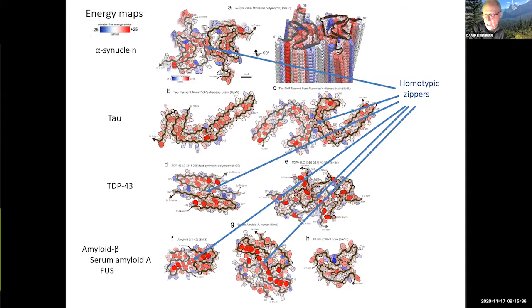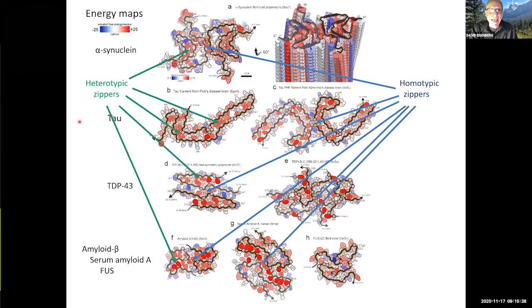But we also see in these structures what we could call heterotypic zippers. And in these heterotypic zippers, again, the side chains are zipped up, but the 2 sequences are different. And we see those in many of these structures in the interior of the structure. Inside the bent horseshoes, you see these heterotypic zippers.